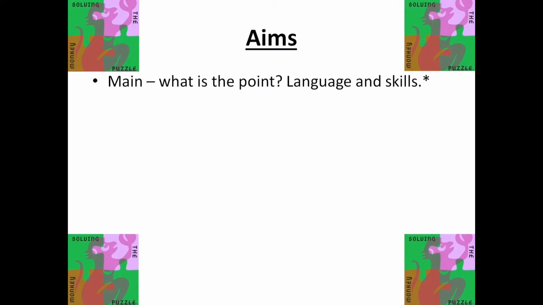There are different kinds of aim. The first kind are the main aims, and there are two kinds of main aims here: language and skills aims. Language aims are connected to the grammar, the vocabulary, or the pronunciation you've selected for a particular lesson. The skills aims are reading, writing, speaking, or listening, whatever you want to develop in terms of their skills over the course of the lesson.